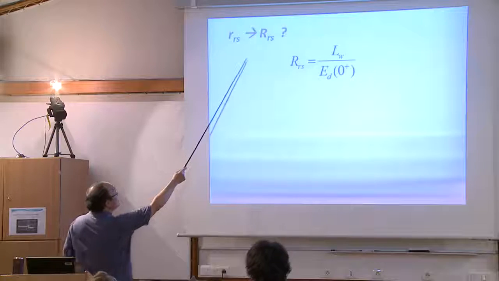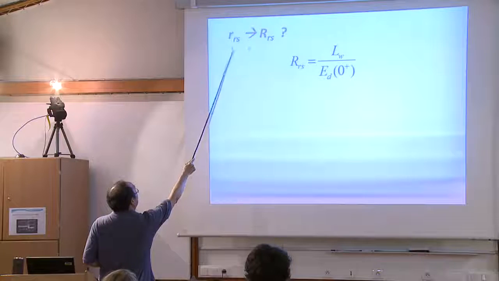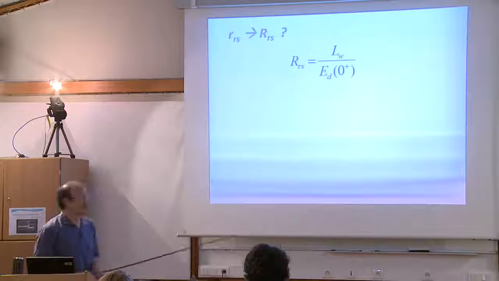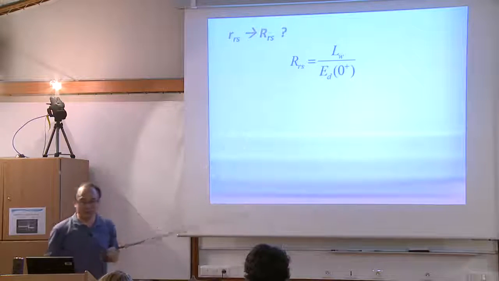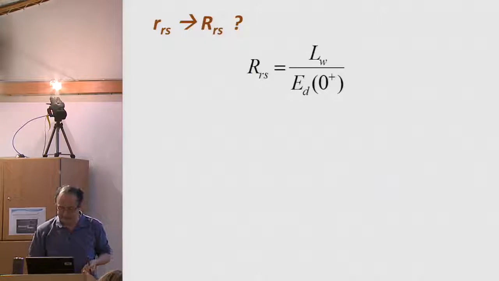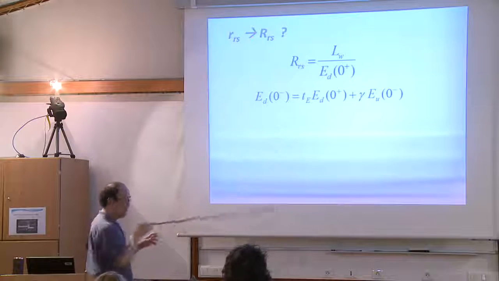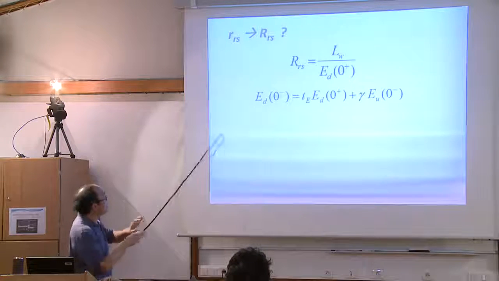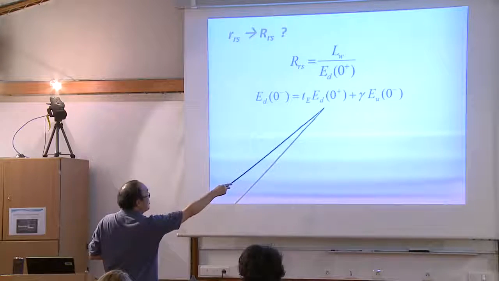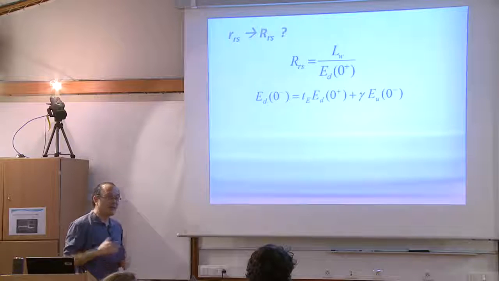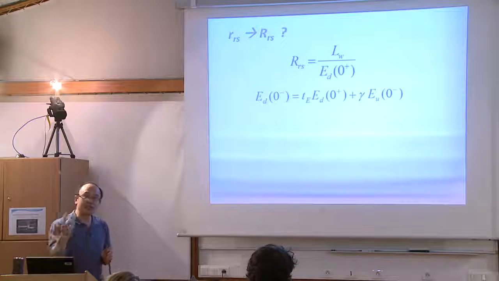But the satellite has its Rrs. Then what's the relationship between r and Rrs? Remote sensing reflectance above the surface is the water-leaving radiance divided by Ed(0+). And the Ed(0+)... this Ed(0-) involves a transmittance from air to water. This Ed(0+) is going down. There's another term for subsurface irradiance: internal reflection.